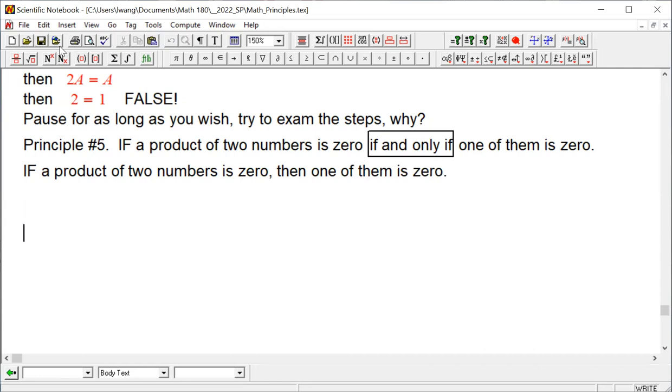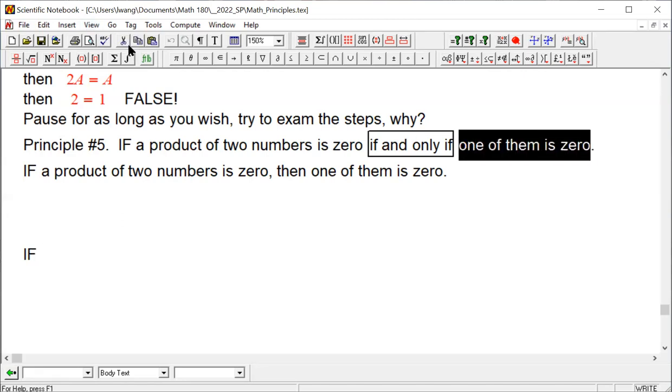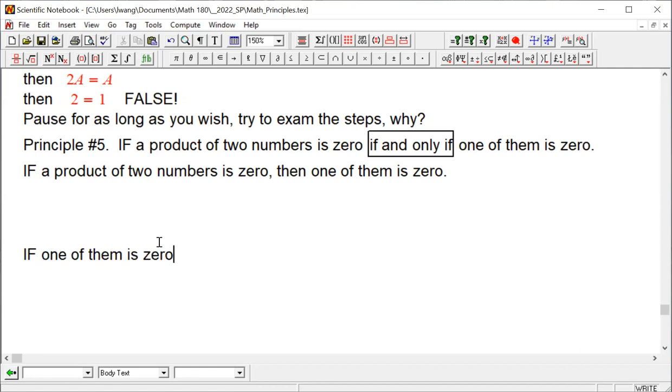The second statement is basically saying, if one of two numbers is 0, then the product is 0. Okay, so that's the if and only if.